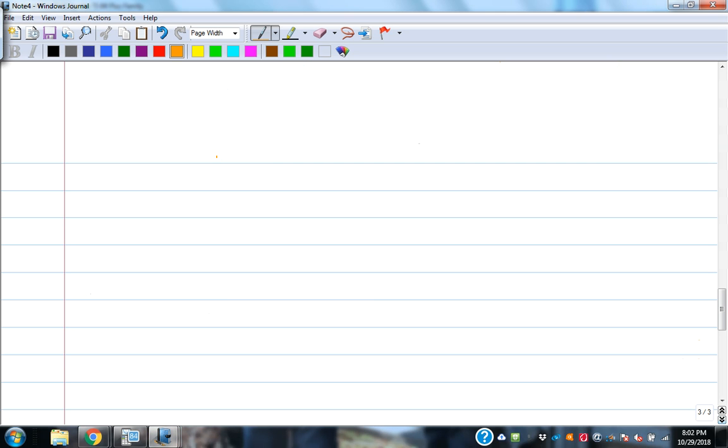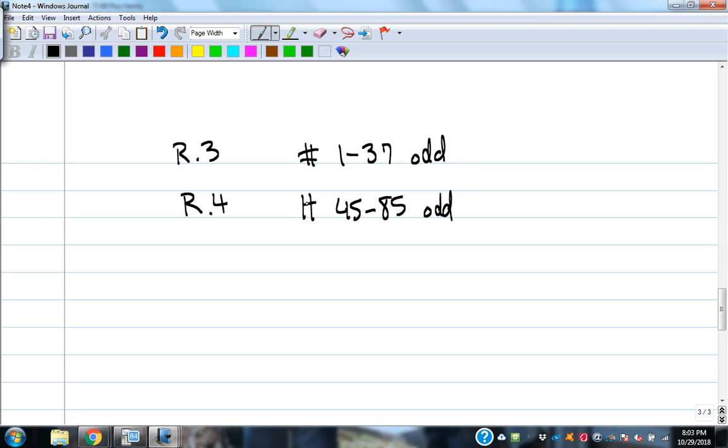Suggested problems. On the first section, 1 through 37, odd. First section was R3. R4, yeah, this is just practice problems out of the book. We didn't do all of R4 at all. We'll come back and get some more of it later.